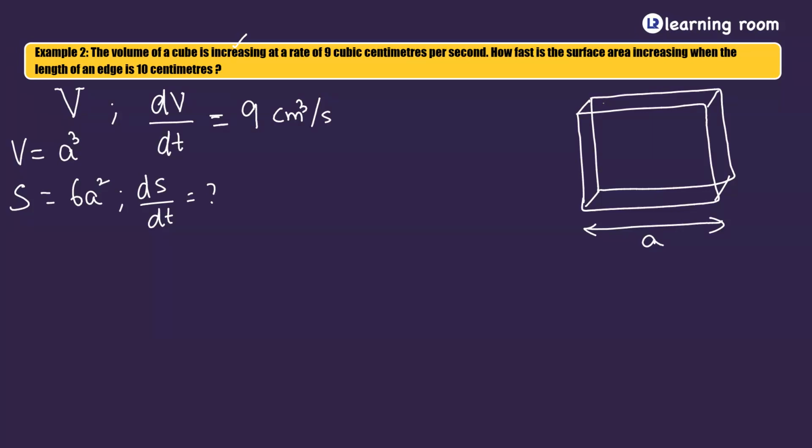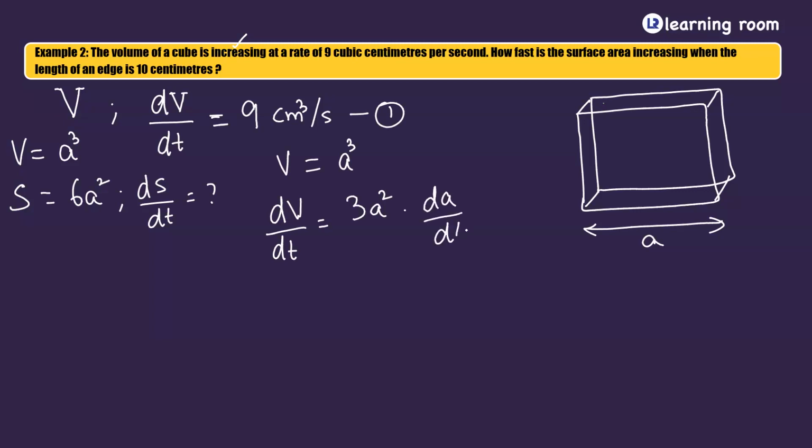So, based on this parameter, since we know that V is equal to a cube, if I differentiate on both sides, what will I get? dV by dt as 3a square, but I cannot stop with it because you are differentiating with respect to time, not with respect to a. So into dA divided by dt. Now plug in the values.